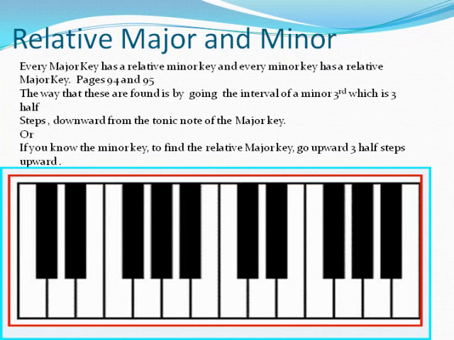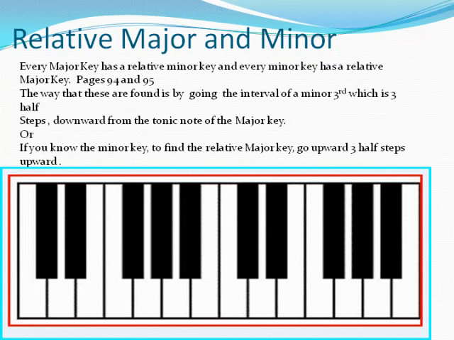Now, in order to find the relative minor key of a major key, you need to put down the interval of a minor third. We haven't done intervals, but it's 3 half steps, I'm telling you. It's right there in the book. It says a minor third down 3 degrees of the scale, so 3 half steps. Let's use one that doesn't have any sharps or flats for an example here.